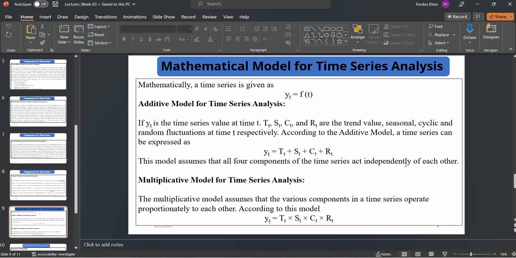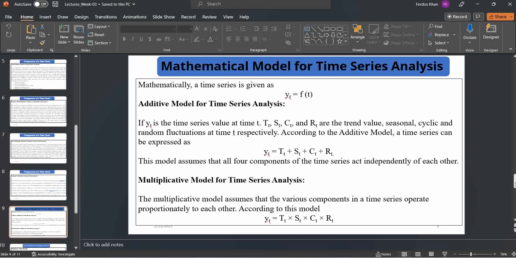And one other sign: if the seasonal component is relatively constant over time, then you can use an additive model. But if the seasonal component is increasing with time, then you can use a multiplicative model. So keep this point in mind.